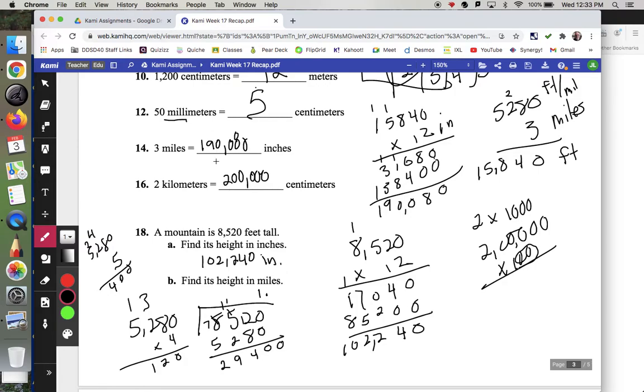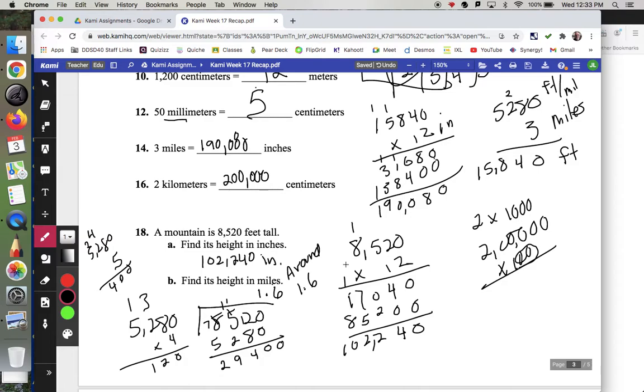This would have been a 6 right here, and then it would have kept going. So whoopsie, let's erase that, and we're going to say around 1.6 miles.